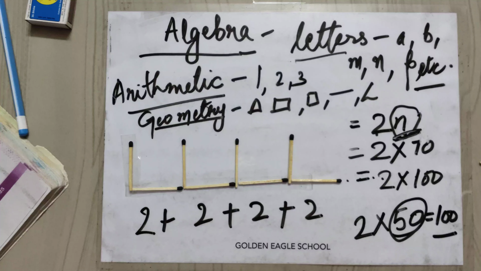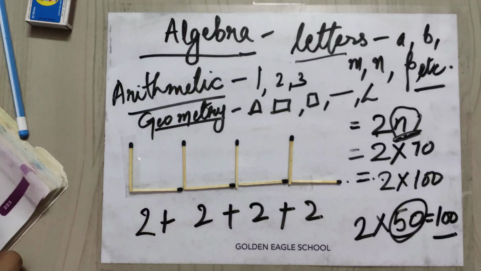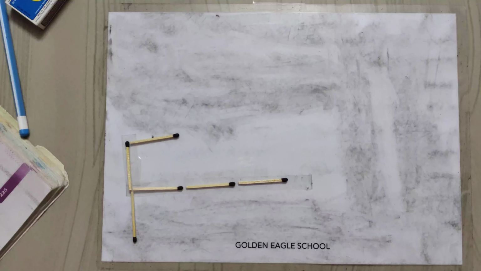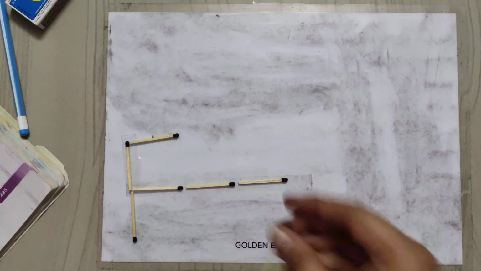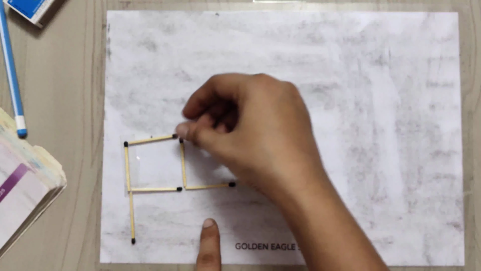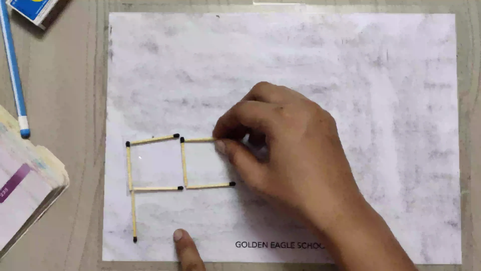How many matchsticks are used to form 50 F's? You are going to form an F using matchsticks. Here you can see an F, right? Now we want to form more F's.